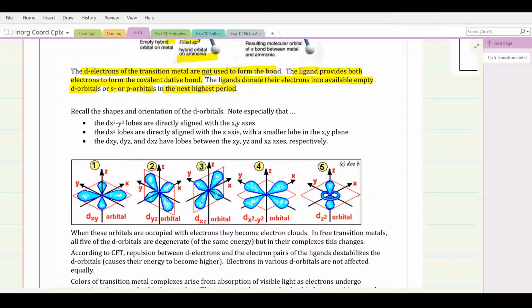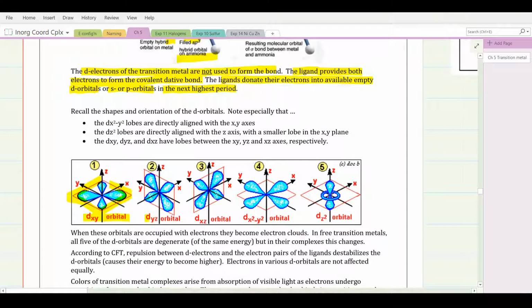So take a look at the dxy orbital. Notice that there are 4 lobes in which electrons can move, and these lobes lie in the xy plane. Now notice also that they are not directly on the x or y axis, but between the x and y axes.